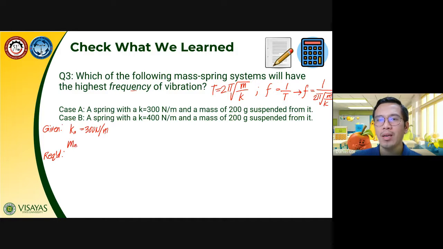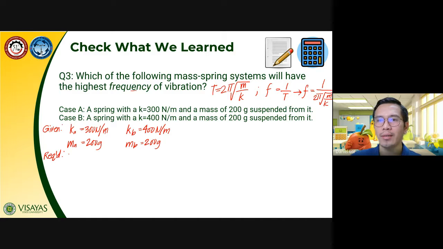Mass sub A is equal to 200 grams. For case B, we have spring constant K sub B, 400 Newton per meter. And our mass sub B is equal to 200 grams.